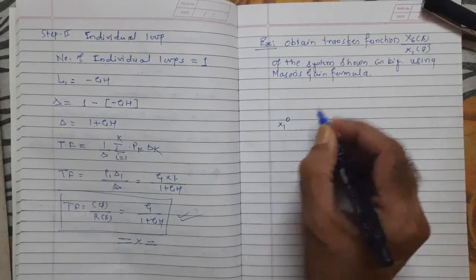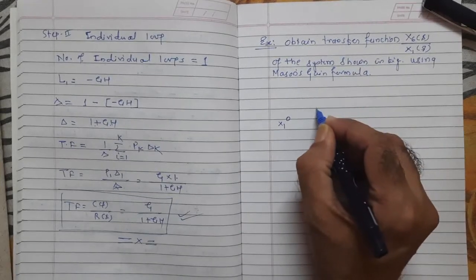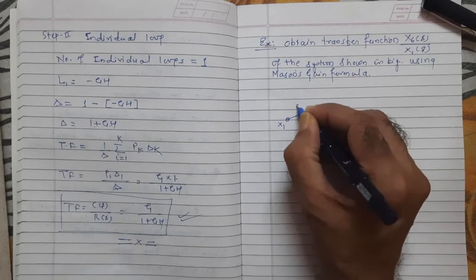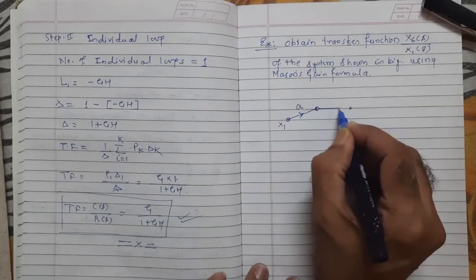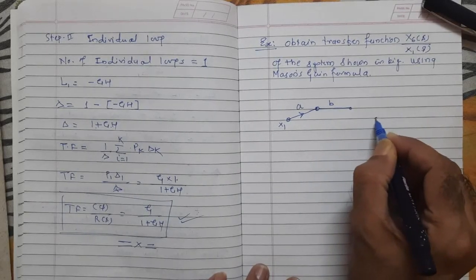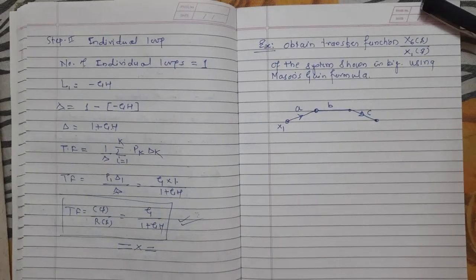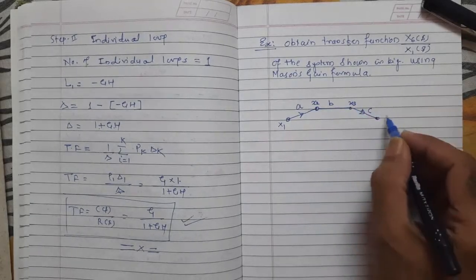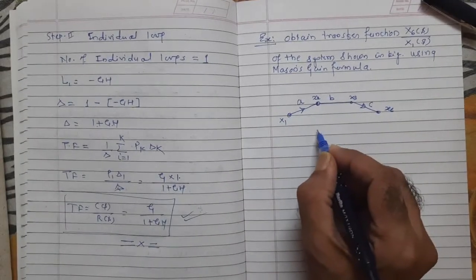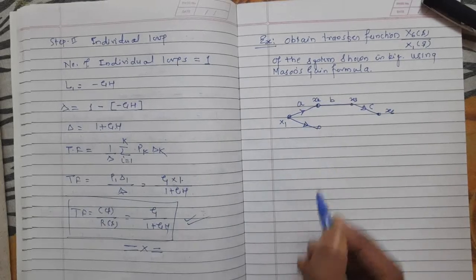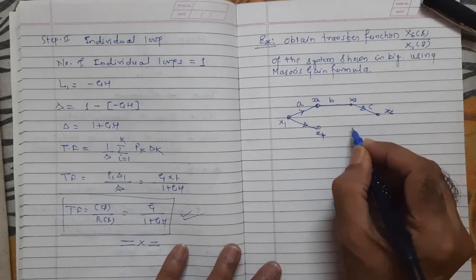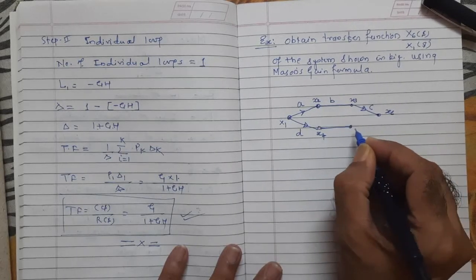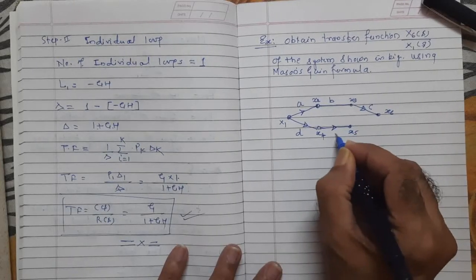Here is the node, this is x1, then here is one node, this node is connected here, the gain is A, this node is connected here, the gain is B, here is again one node, the gain is C. This is x1, this is x2, x3, this is x6, this is another node, this node is x4, the gain is D, here is another node, here it is x5, gain is E.